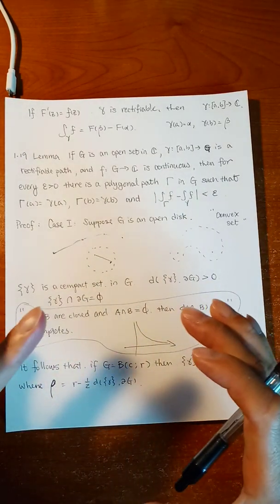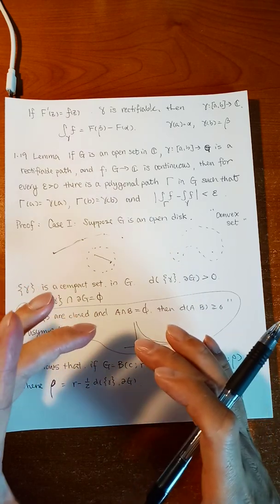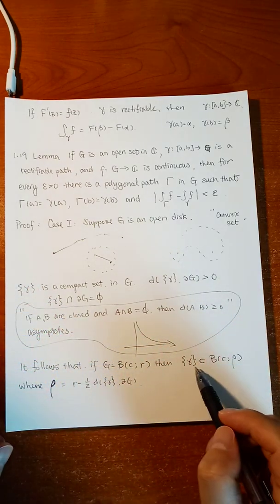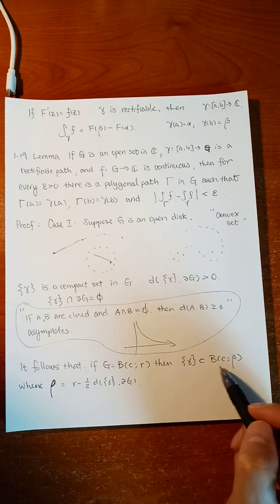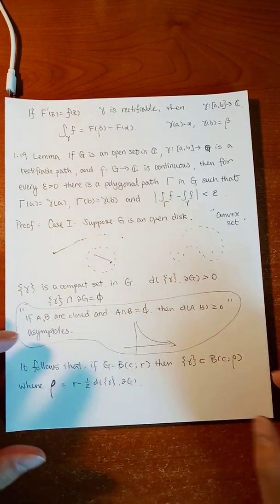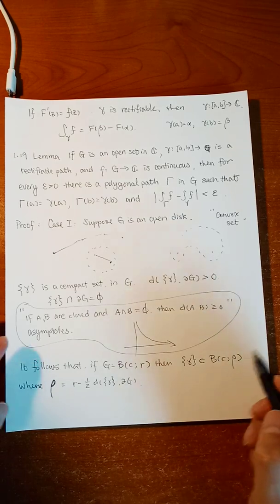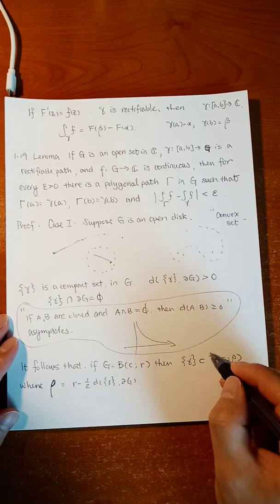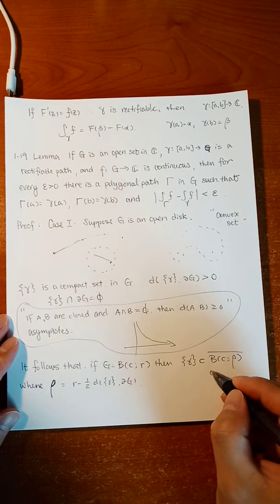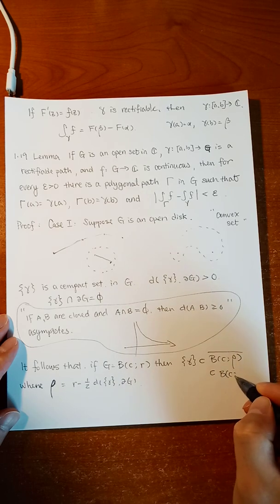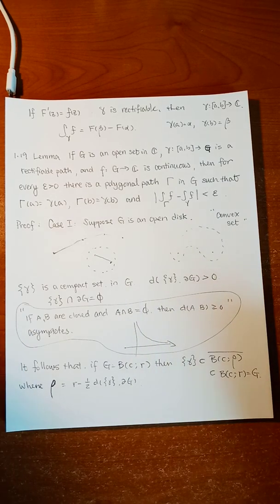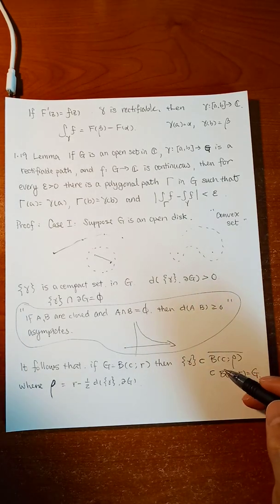Okay, so we can shrink this G a little bit so that this trace is still inside the smaller disk, but this whole smaller disk is inside the closed ball, which is in G. It's a compact set.